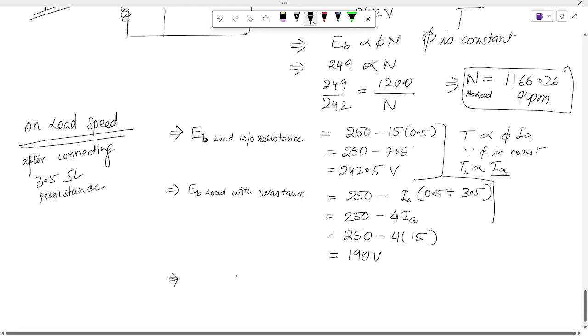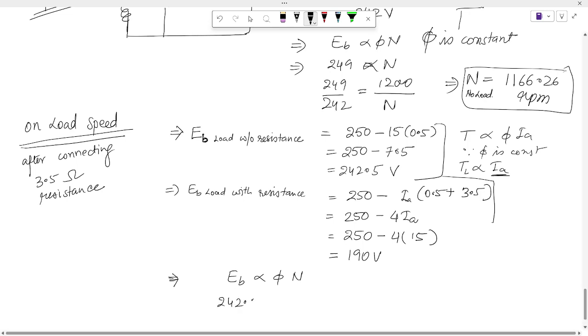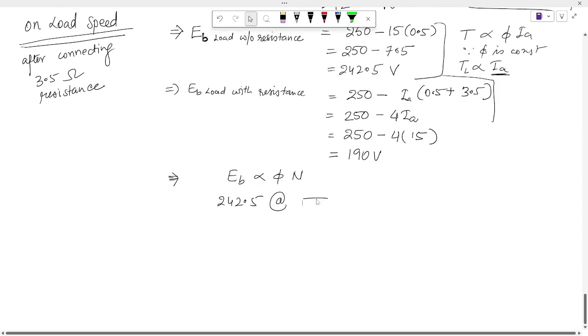Now EB is proportional to phi into N. Here again, EB is 242.5 at this back EMF, and the speed is 1168.67 RPM.